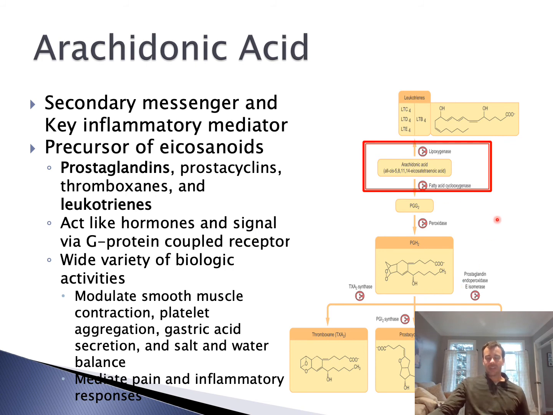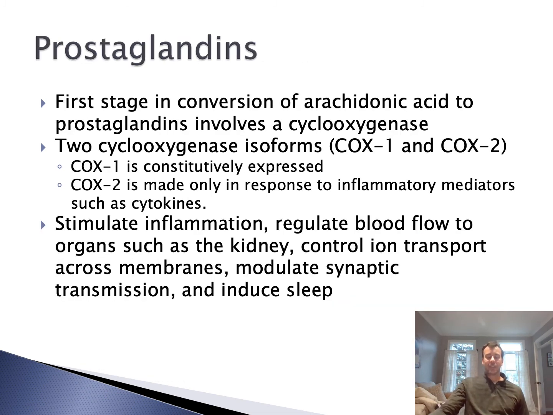Again, the structures are important, but they act like hormones and signal via these G protein coupled receptors. They have a wide variety of biological activities, such as modulating smooth muscle contraction, platelet aggregation, gastric acid secretion, salt and water imbalance. They also mediate pain and inflammatory response, which is obviously relevant to the medical biochemistry topic of this course.